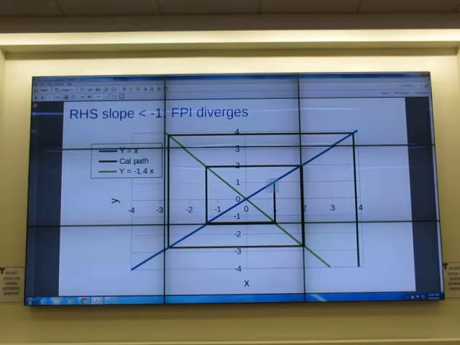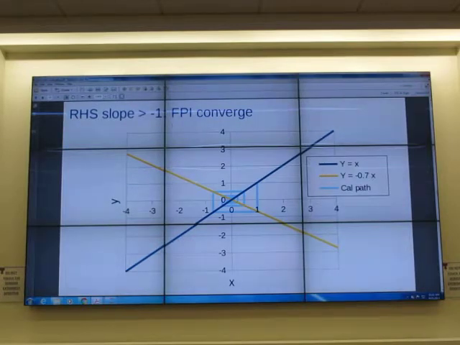You start from this point, calculate the right hand side equation, take that as a new value, keep doing that, and it diverges.